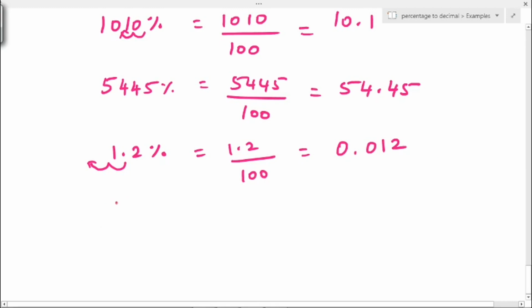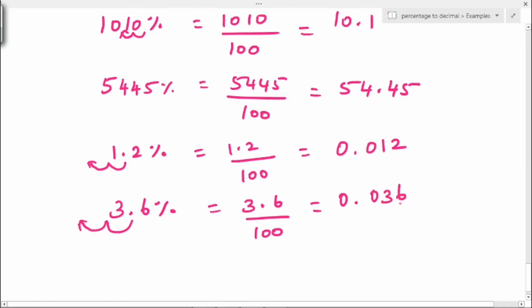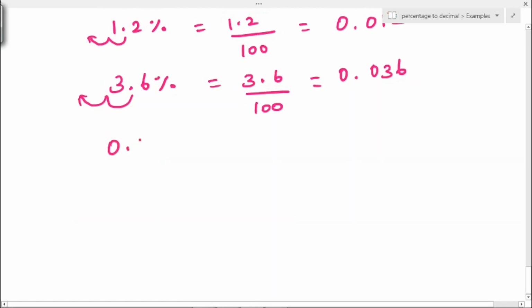For example, 3.6 percent. That is 3.6 divided by 100. Again we start from this decimal, so that is 1, and then we move the decimal 2 places to the left. In this gap we fill 0. So the answer is 0.036.